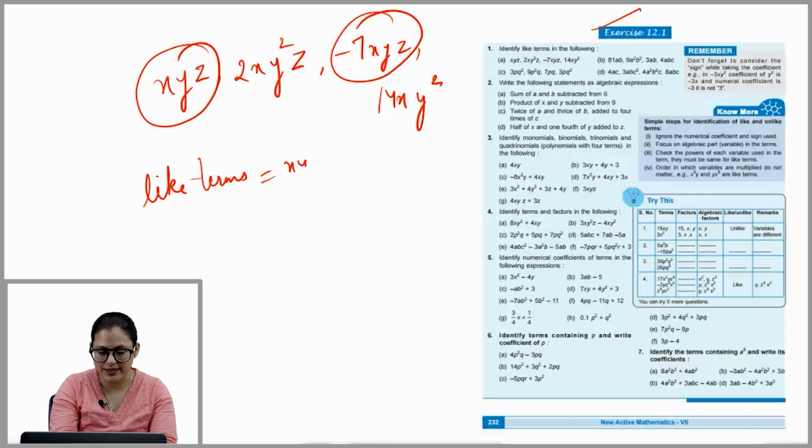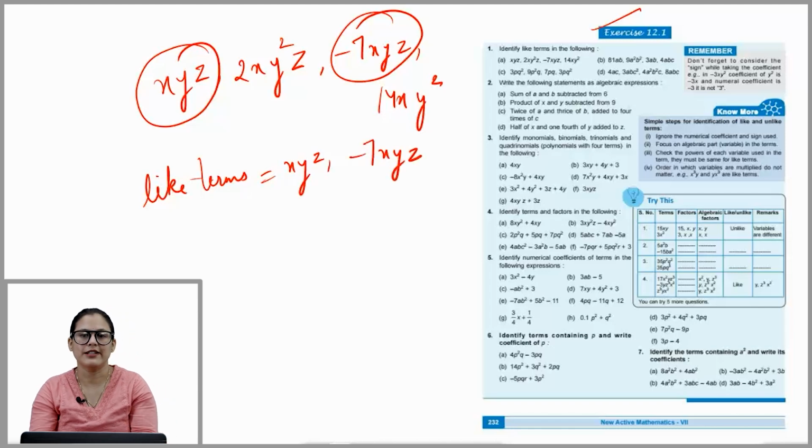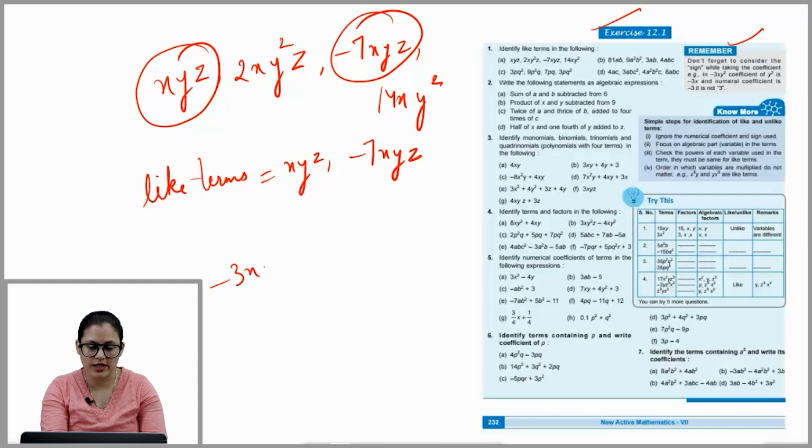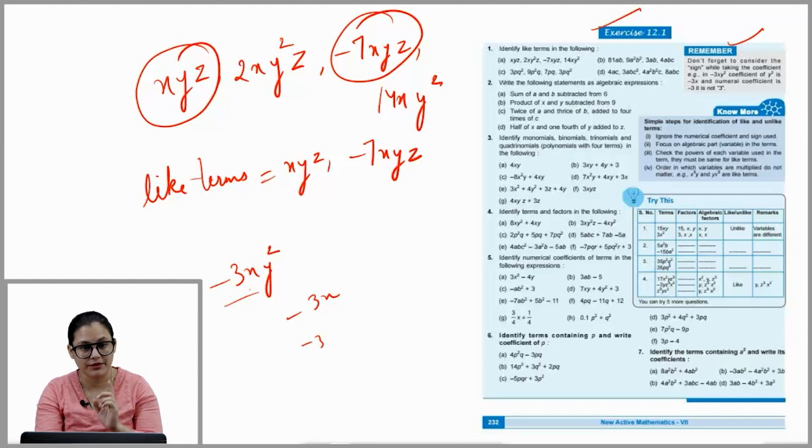So xyz and minus 7xyz, these are the like terms. And remember, don't forget to consider the sign while taking the coefficient. For example, in 3xy square, the coefficient of y square is minus 3x.